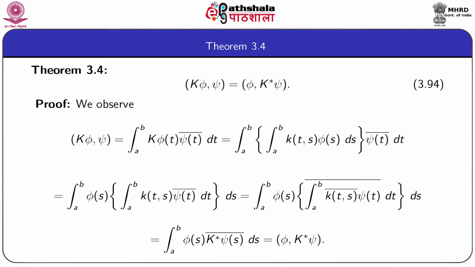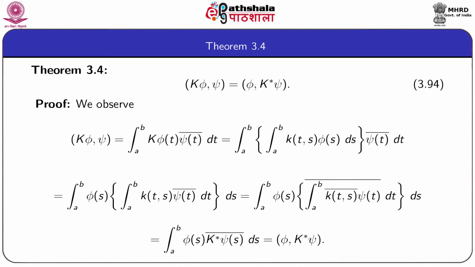Now we interchange the order of integration so that the s integral is the outer integral and the t integral is the inner integral, and we get integral a to b phi s ds integral a to b k t s psi bar t dt.